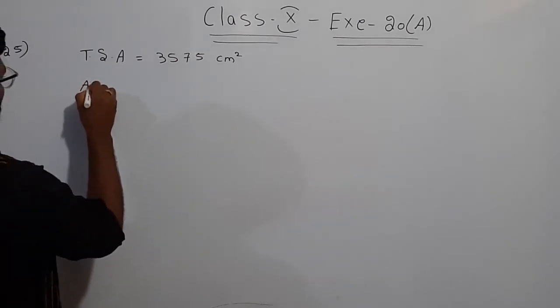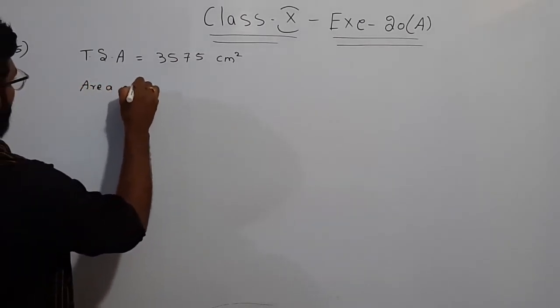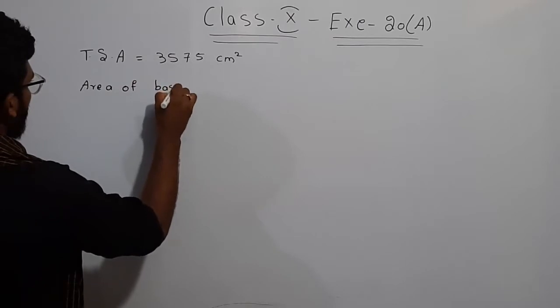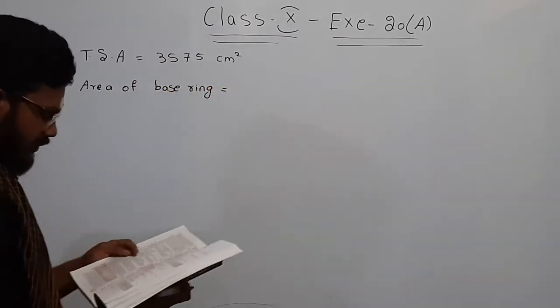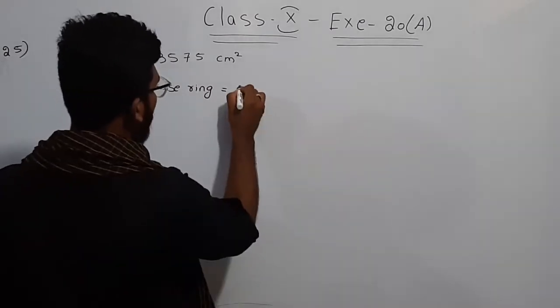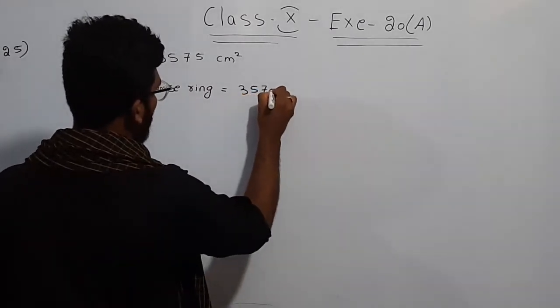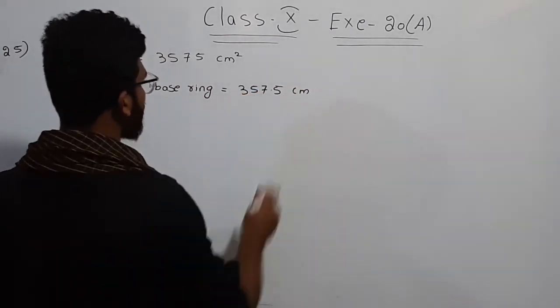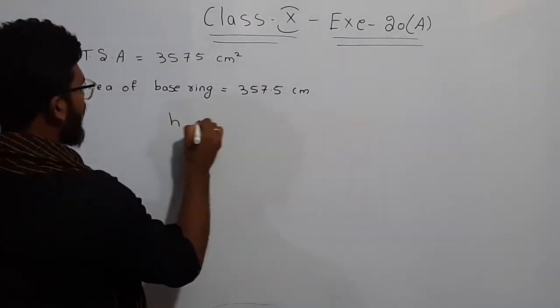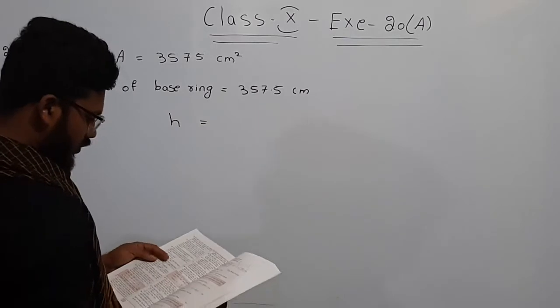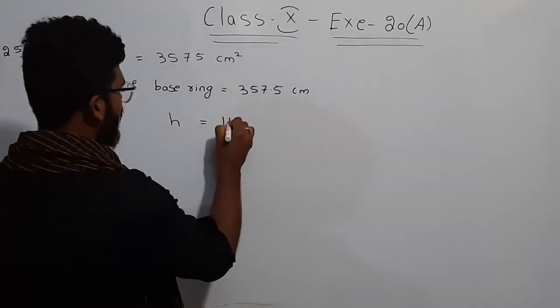So, area of base ring is how much? 357.5 centimeters. And one more thing, they give height h is equal to 14 centimeters.